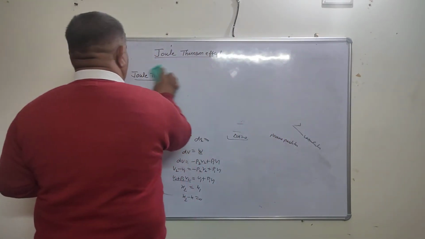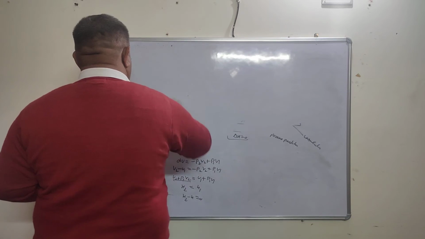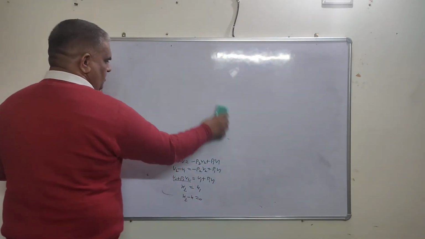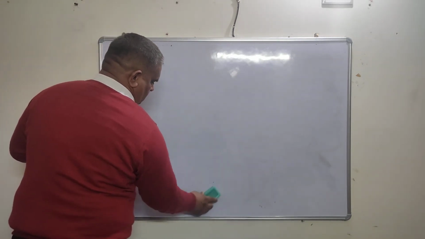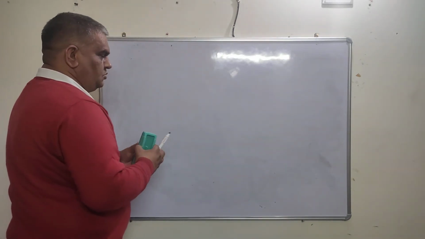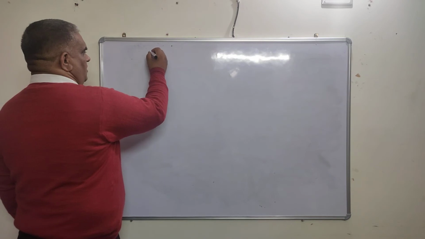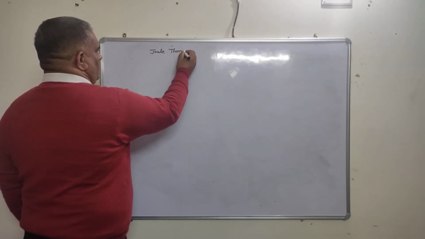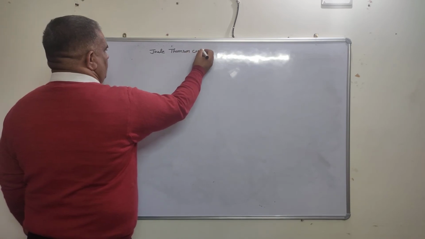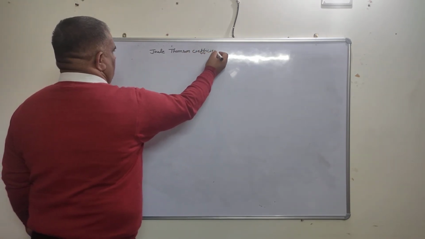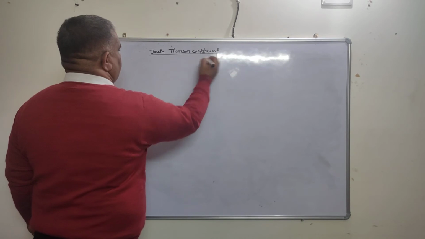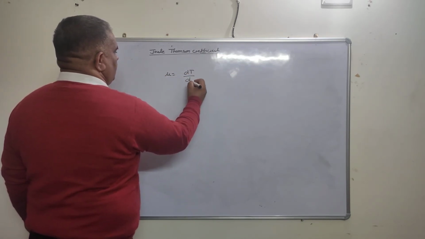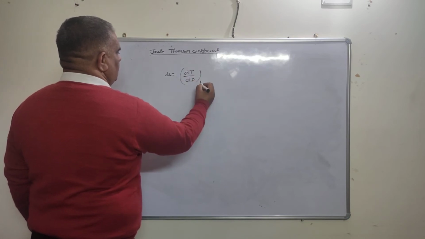Next is the Joule-Thomson coefficient. It is represented by mu equals dT by dP at constant enthalpy.